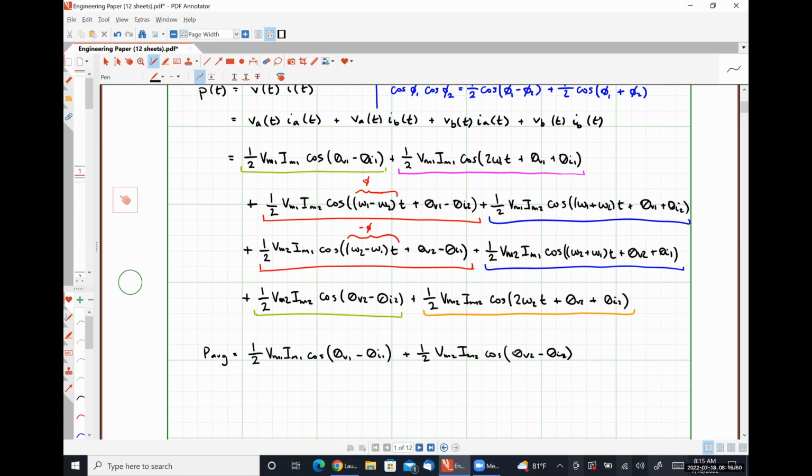Okay. Now, what's interesting about this average power relationship is you can get this result effectively by applying superposition to your network incorrectly.